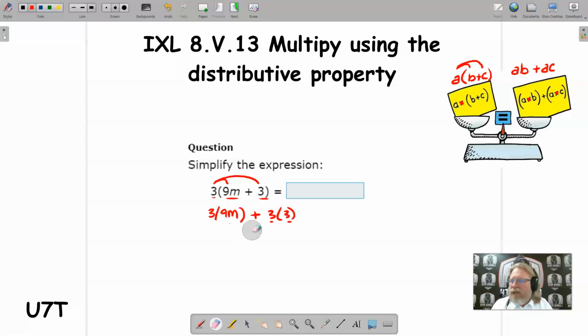So with that said, let's clear that up a little bit. All right, so 3 times 9 is 27, and we bring down the m. It still goes along for the ride. And then we still have a plus, and 3 times 3 in this case is 9. So 27m plus 9 would be our simplified expression.